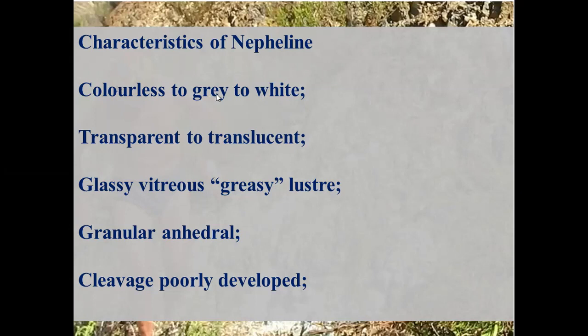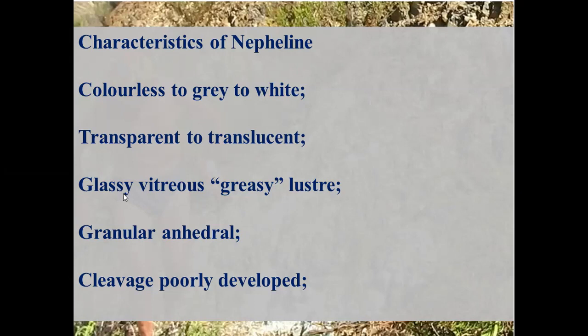It's the colorless to gray material that is the most prevalent. It is transparent, but it can veer towards somewhat translucent, in which case it looks rather like plagioclase, only you don't have those lovely plagioclase euhedral crystal laths.